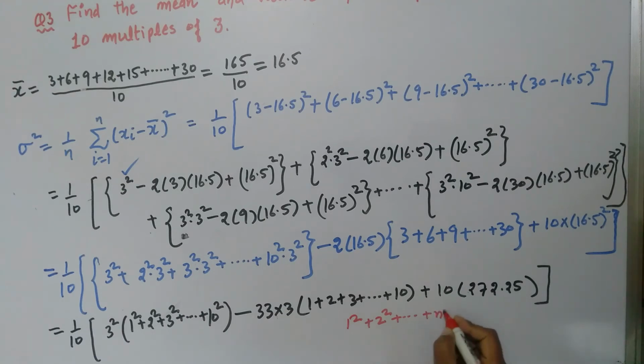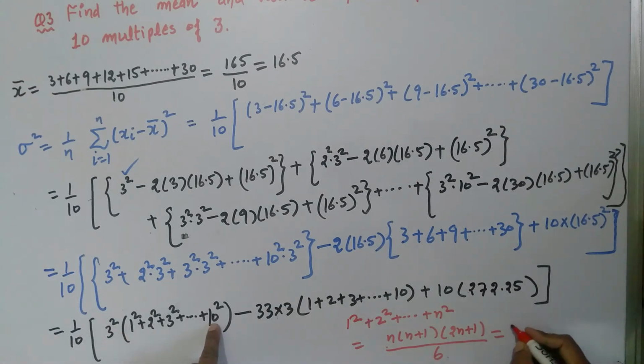Now for the first bracket we know the formula: 1 square plus 2 square plus so on up to n square is equal to n into n plus 1 into 2n plus 1 upon 6. Here in this question n is 10, so we write 10 into 11 into 21 upon 6.